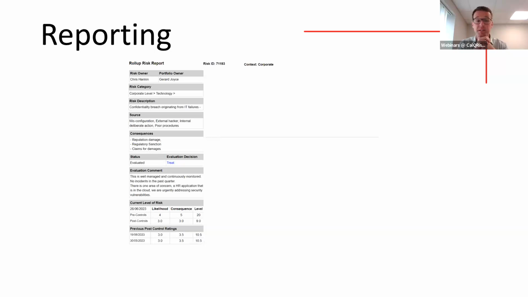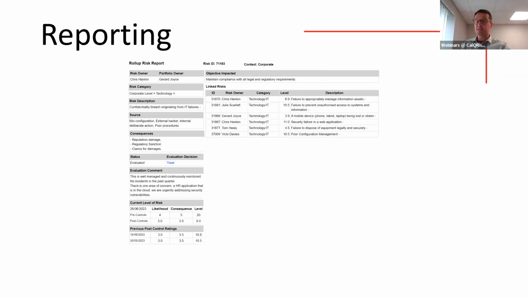On the 26th of June, it was 9.0, but my previous 2 assessments, which were quite narrow in time, were actually 10.5. So that allows me to show continuous improvement, demonstrate to the board and audit and risk committee that we are controlling our risks, but it's also starting to tie all the different bits and pieces together. So maybe I want to show what objective it actually impacts at the strategic plan level.